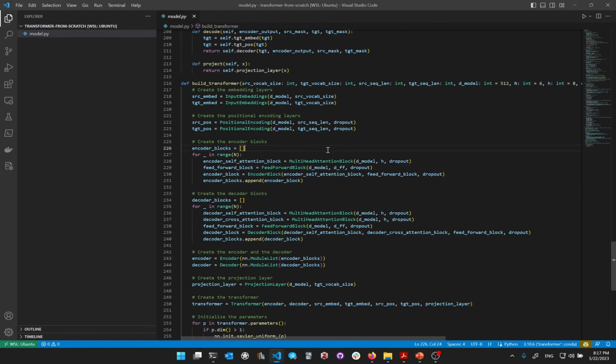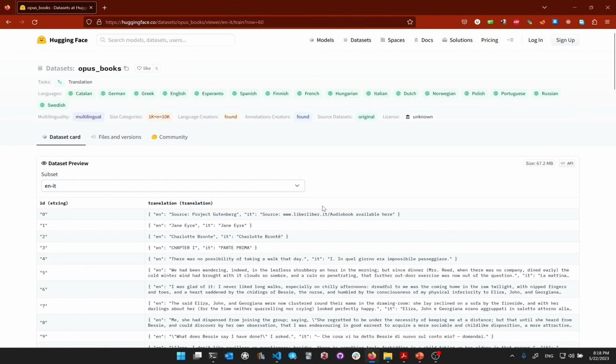But before we build the training code, we have to look at the data. What kind of data are we going to work with? So as I said before, we are dealing with a translation task, and I have chosen this dataset called Opus Books, which we can find on Hugging Face, and we will also use the library from Hugging Face to download this dataset for us.